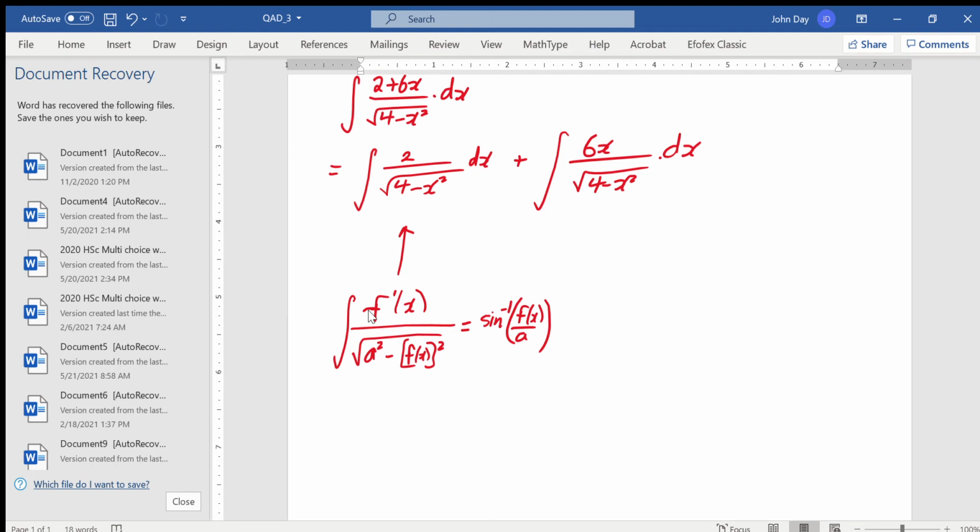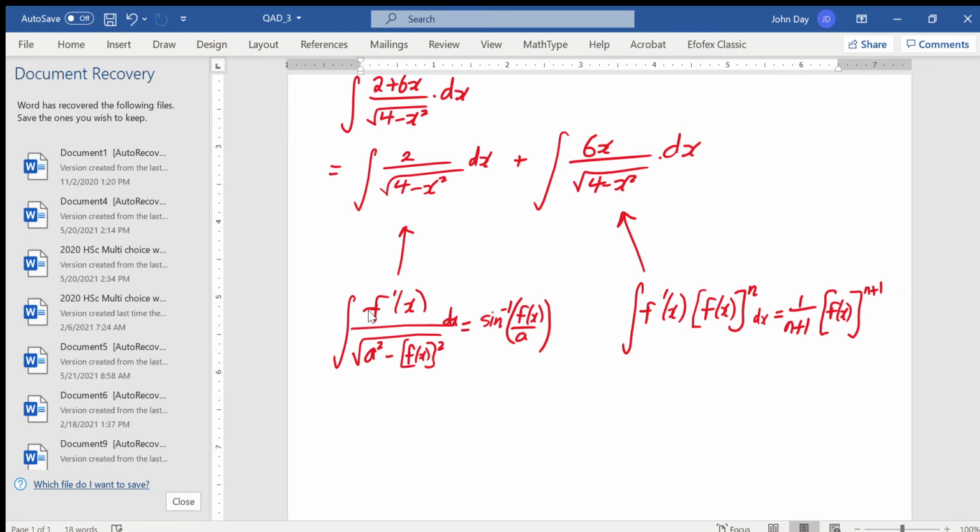This one here, I'm going to use the formula from the formula sheet that if you have the derivative of a function sitting outside the actual function raised to a power, then the integral of that, from the formula sheet, but this is just the reverse of the powers rule as we call it, will be that there, plus c, of course.